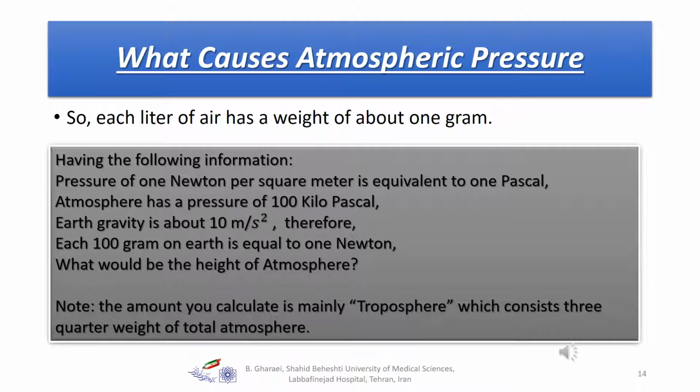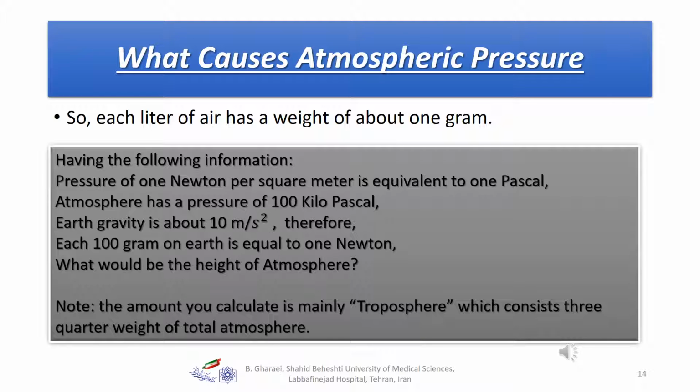The other question, which is really difficult, as I understood in my classes, this question may be very sophisticated. I want to ask you this question, but if you are unable to answer this question, do not worry. It is common. Having the following information, pressure of 1 Newton per square meter is equivalent to 1 Pascal. Atmosphere has a pressure of 100 kilopascal. Earth gravity is about 10 meter per square seconds.